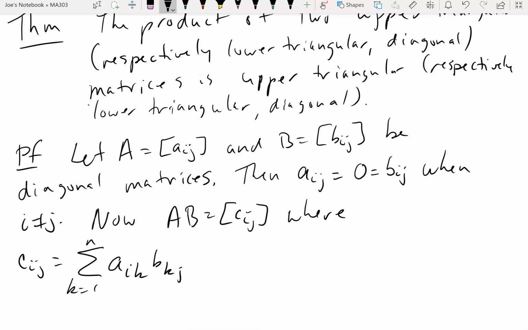Now again, if you're going to write this out, this looks like A sub i1, B sub 1j, plus A sub i2, B sub 2j, all the way out to A sub in, B sub nj. Right? Because the k is what changes.